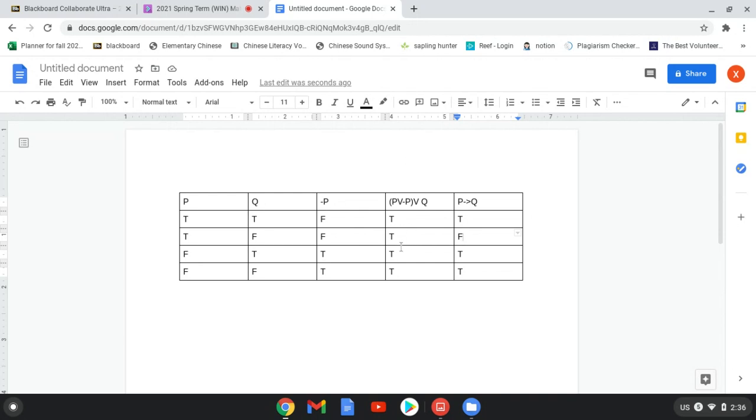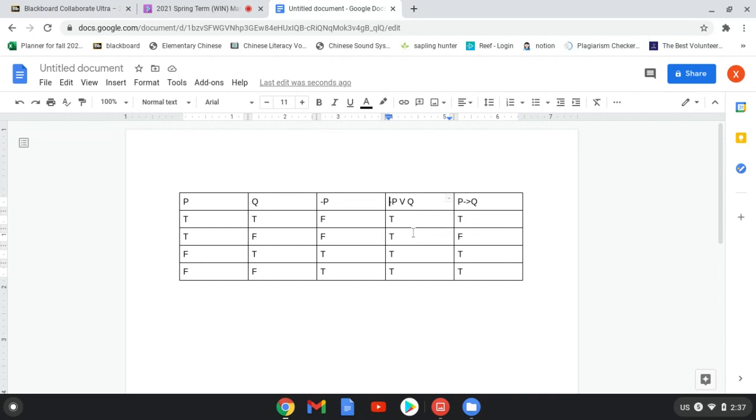In the question, it does not require you to do P or not P or Q, does it? You only need to do not P or Q.